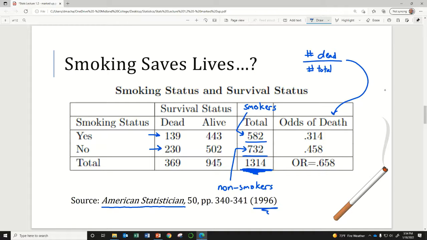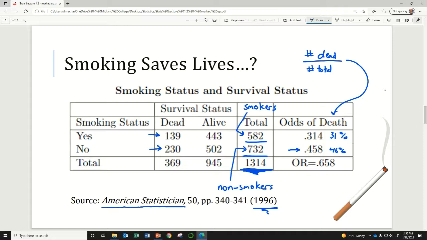So 139 out of 582 means that about 31% of the smokers died during that time period. Then 230 out of 732 gives you that about 46% of the non-smokers died during the same time period.